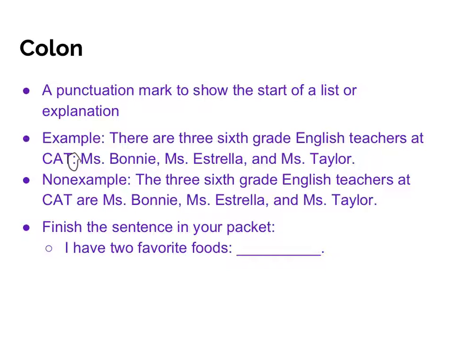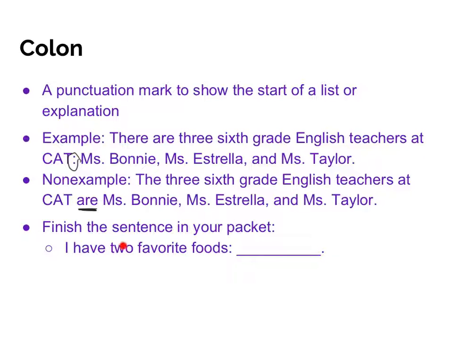I still have my list of the English teachers, but you'll notice in this sentence I have a word that is not in the first one. It is the word are. If you use the word are, you do not need a colon. The colon only comes if you don't say are. So you just jump right into the list. Then you need the colon.